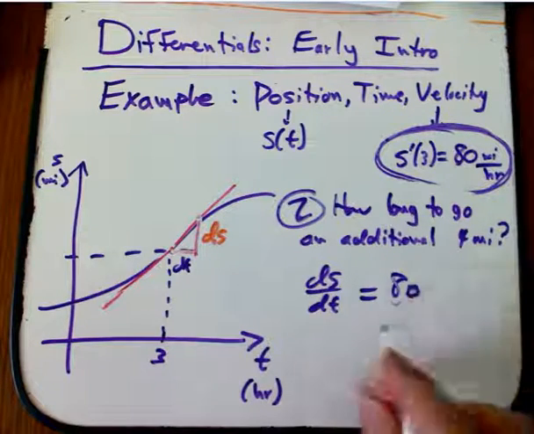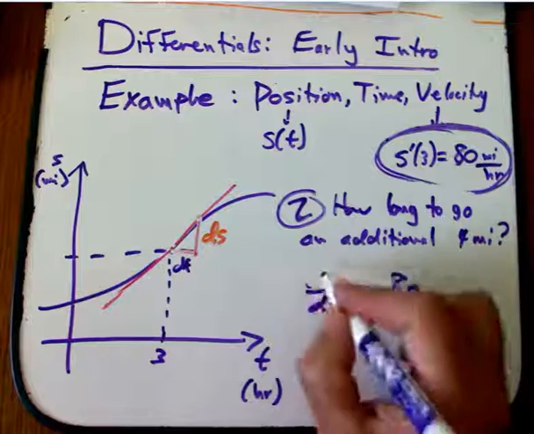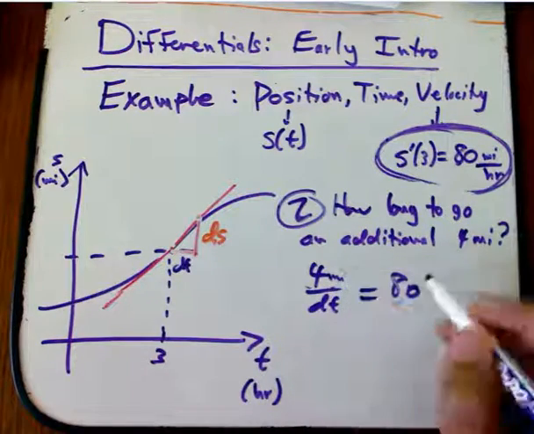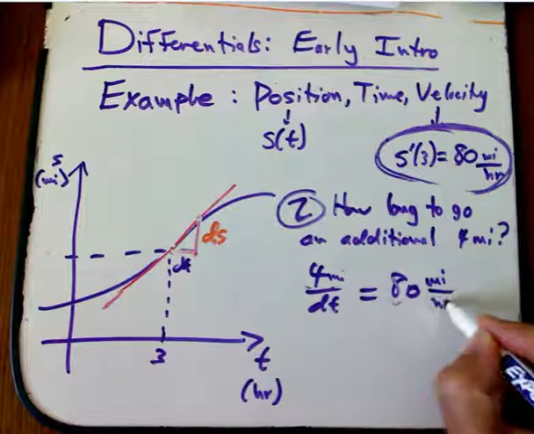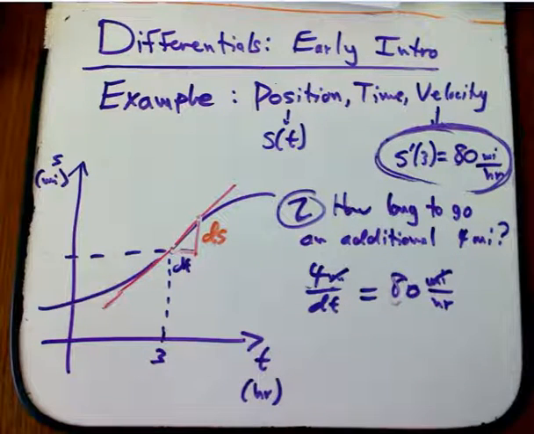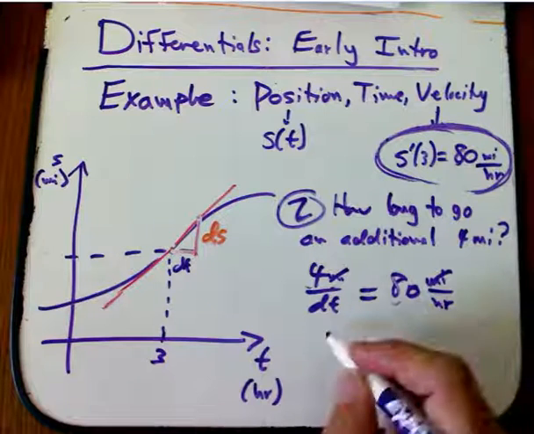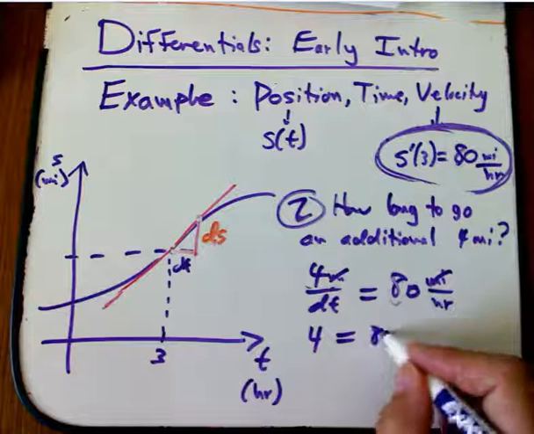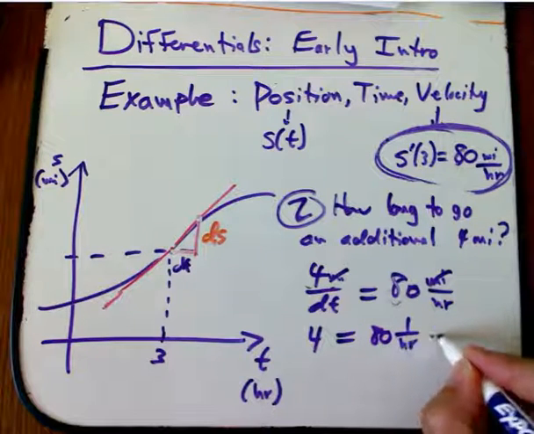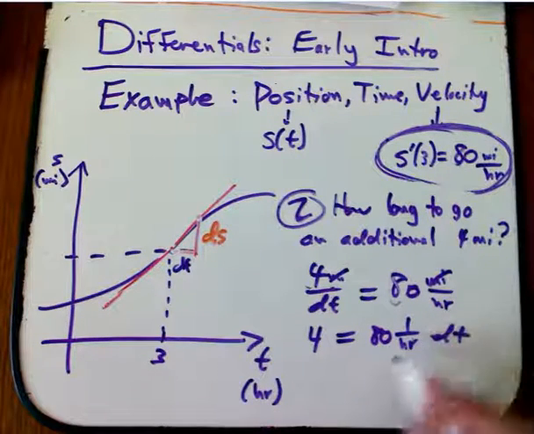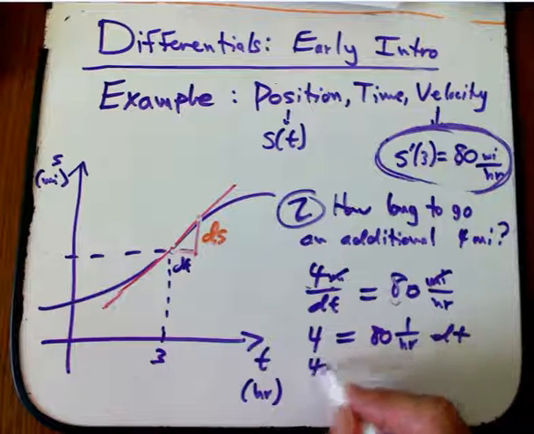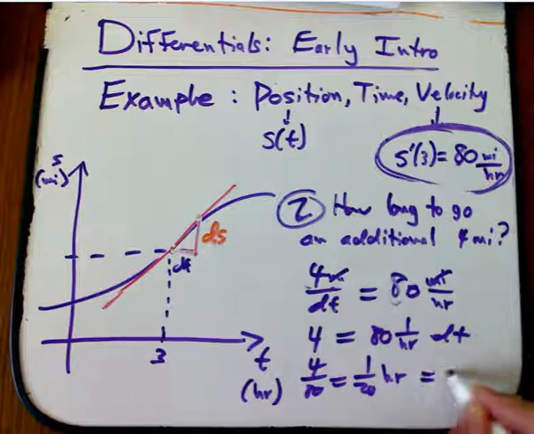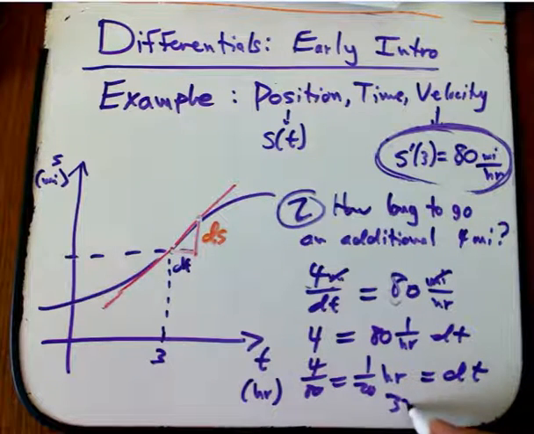Now it's the ds that we know, very similar to what we were doing in the last video. 4 miles. Let's put in the units. We can cancel miles. And then we can multiply by dt. 4 equals 80 times 1 over hour times dt. Divide by 80 and multiply by hours, and you get 4 over 80, or 1/20 hours is the time, or 3 minutes.